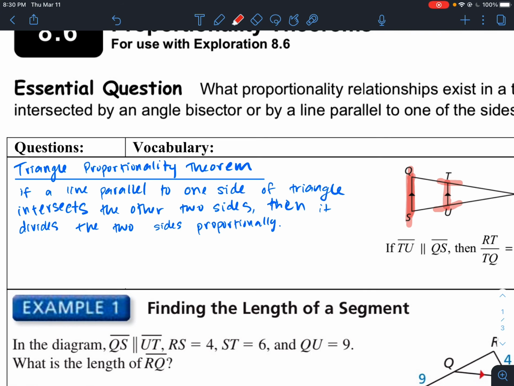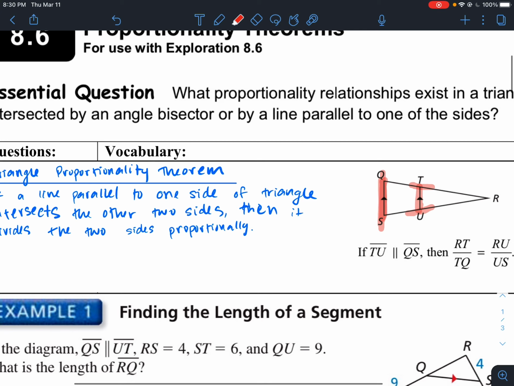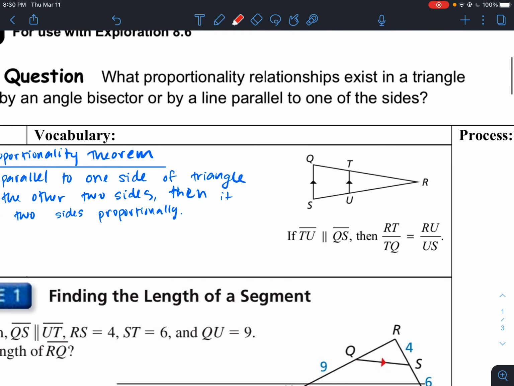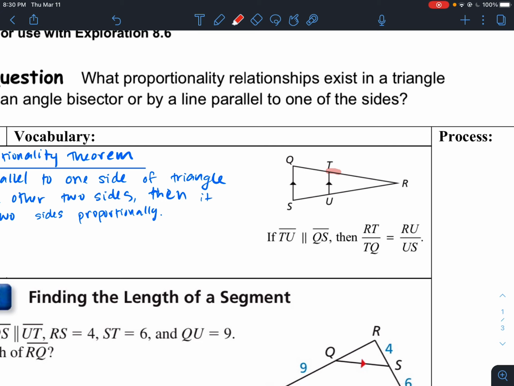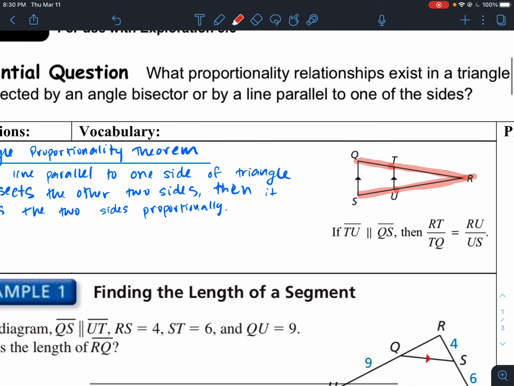Then it divides them proportionally, meaning that RT and TQ, this proportion, is equal to RU and US. Those are the equal proportions it's saying.